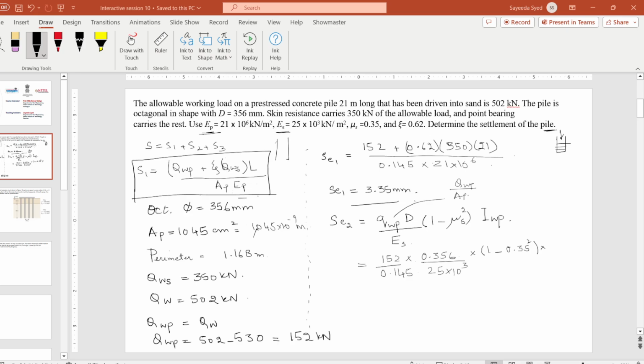So IWP for S2 is approximately equivalent to 0.85.